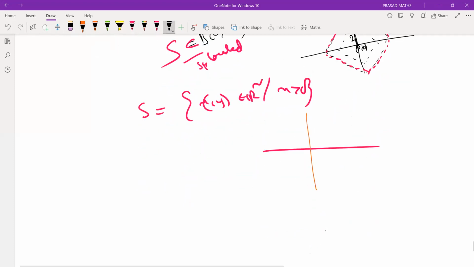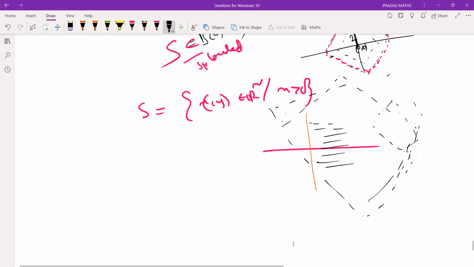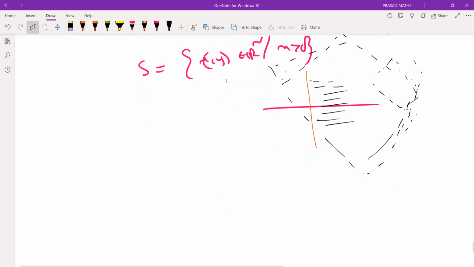The answer is no, because can you fit this right half plane in some open sphere, some open rhombus? Yes or no? Outside points will be there. Whatever ball you give, however big, the points on the right side will automatically remain outside. Therefore it is not bounded. Is it clear? Okay.